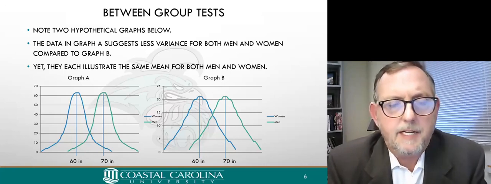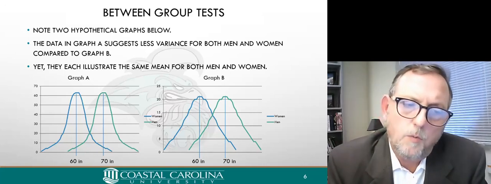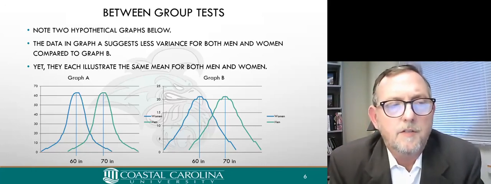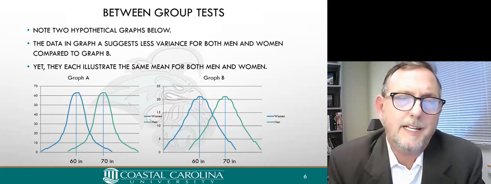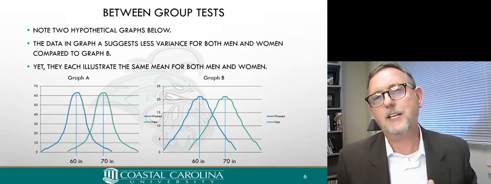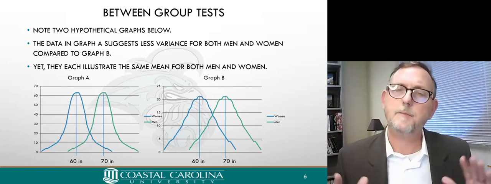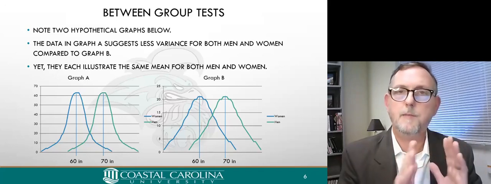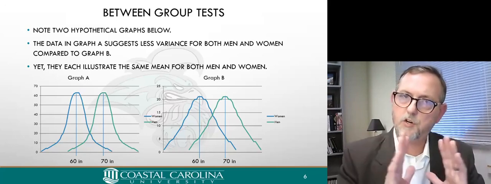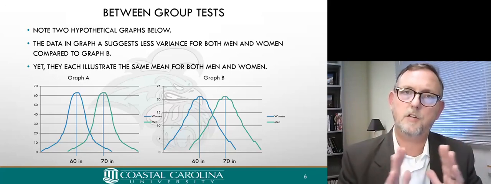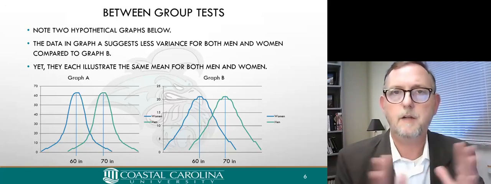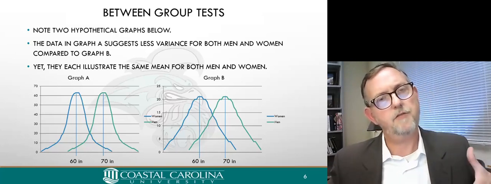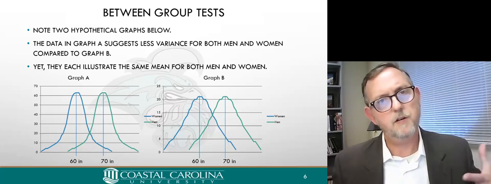So one thing we can say is, well, look, it appears as though in the data in graph A there's less variability. And by that I mean you can look at the distributions and they're closer together. The men and the women's curves are more peaked and they're closer together. There's less spread between them. On graph B, they're spread out further. So there's more variability, there's more distribution.